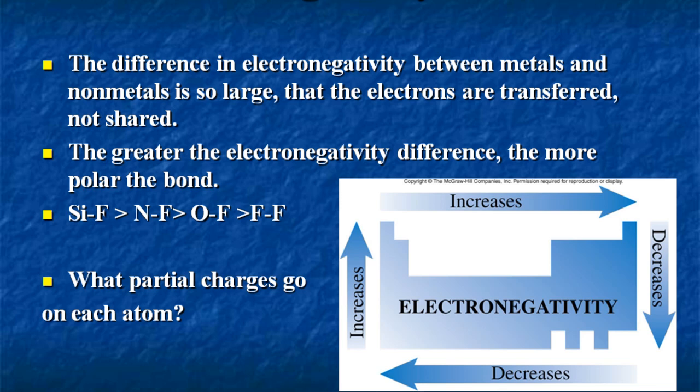Let's look at the compounds given there, and of course, if you look at the electronegativity differences, silicon and fluorine, greater the electronegativity, let's look at all 4 compounds. One is fluorine, right? So all you have to do is compare the electronegativity of the other element.